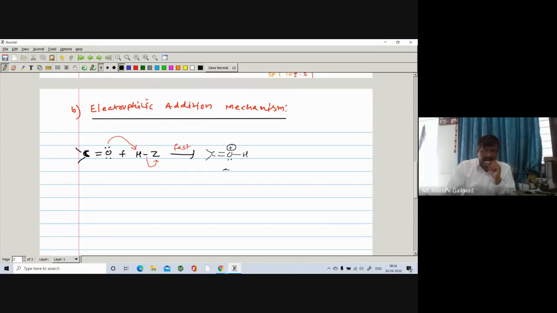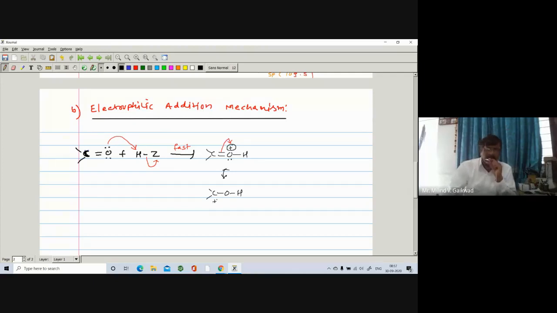And further, it may also undergo resonance. How? The oxygen has a positive charge, so this pi bond will open on the oxygen, neutralizing the positive charge, and you get carbon, here is oxygen, here is the H, and this carbon becomes positive, right?